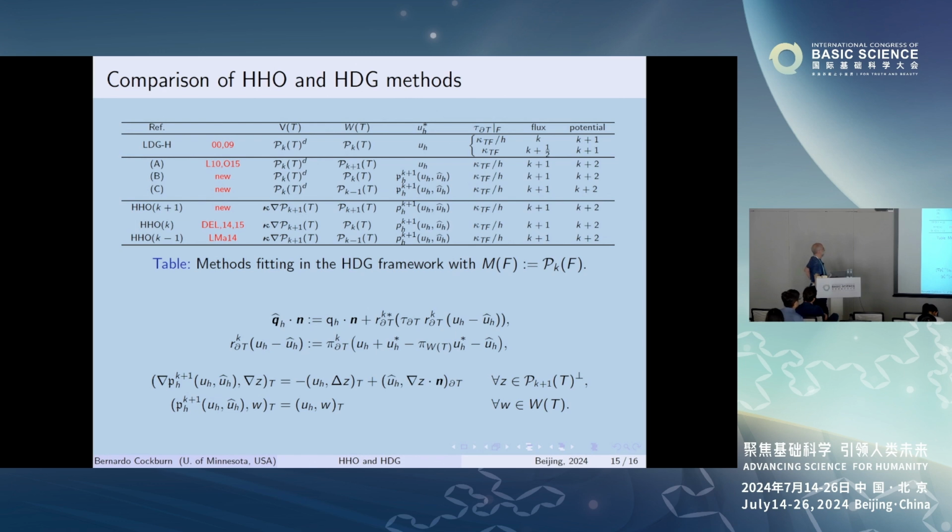Okay, so in all this table, all the elements have U hat in Pk. The U hat, right there. Remember this guy?